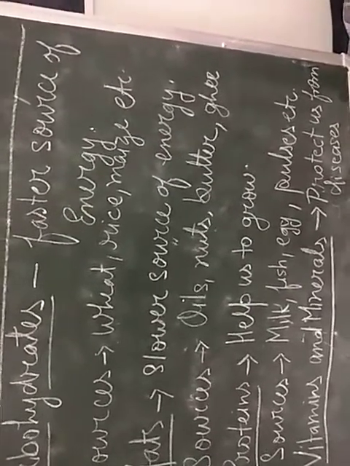And next is vitamins and minerals. These things protect us from diseases. They help us to keep diseases away from us. Many vitamins are there, like vitamin A, B, C, D are examples of vitamins. And from where can we get these vitamins? From fruits and vegetables. Fruits and vegetables are a good source of vitamins and minerals.